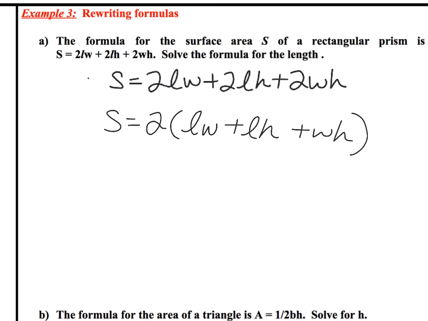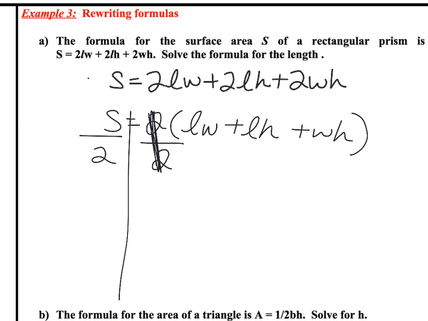Okay, 2 was multiplied. So we undo the multiplication by doing what, guys? Dividing. So we're going to divide by 2 on both sides, which will cancel out that 2.